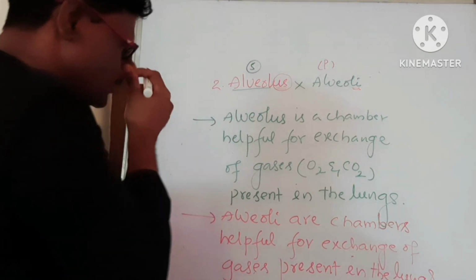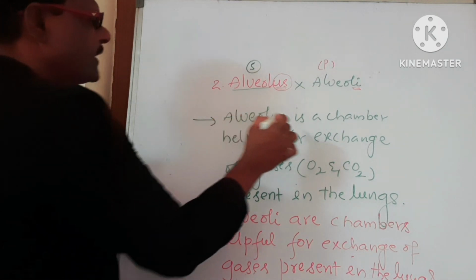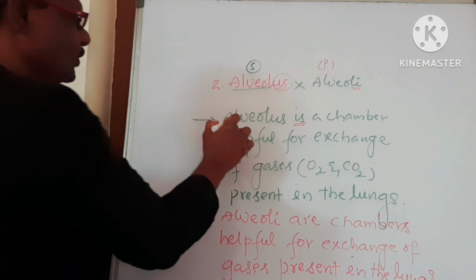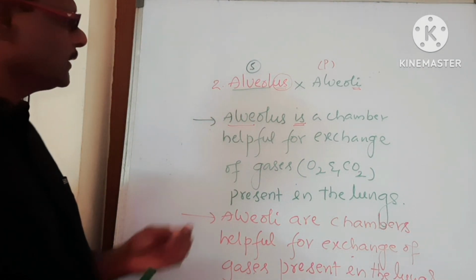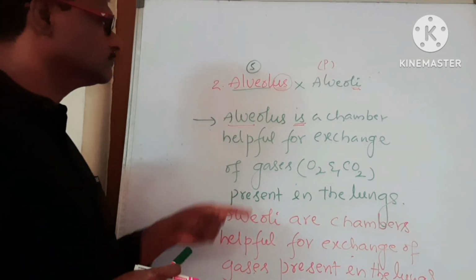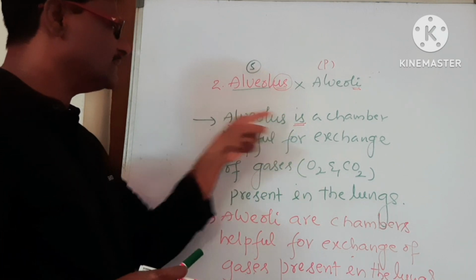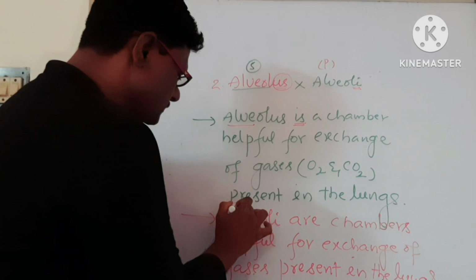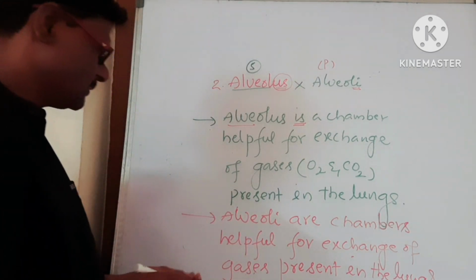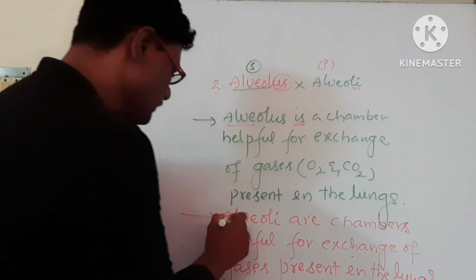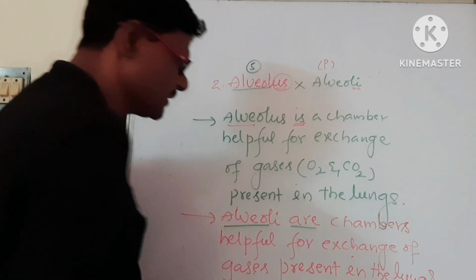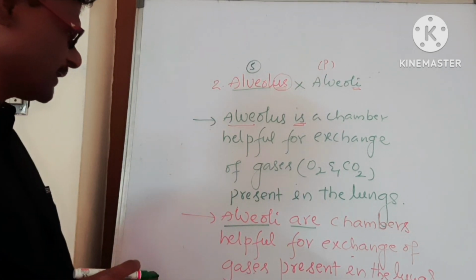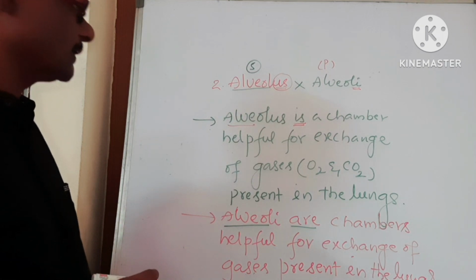I am emphasizing to observe what auxiliary verb is used. Alveolus is a singular word, hence I used is: alveolus is. Alveoli, this one is a plural word, hence I used are: alveoli are chambers helpful for exchange of gases present in the lungs.